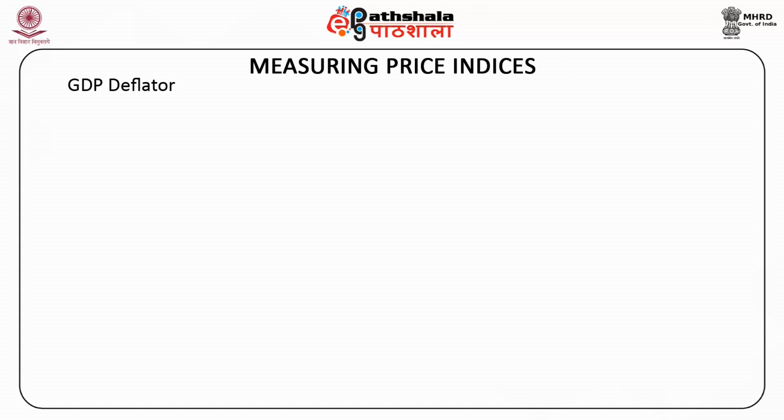In an economy where nominal GDP increases at a rate faster than the real GDP, the prices must be rising. To measure this rise in prices or inflation, the GDP deflator, written as P_t, is computed.